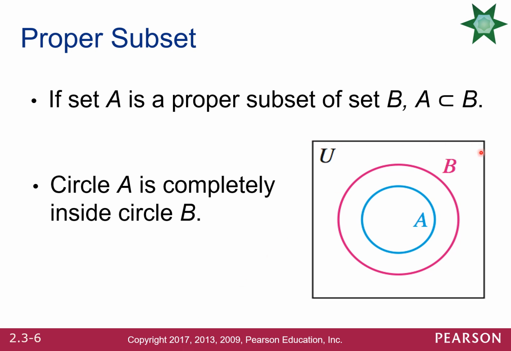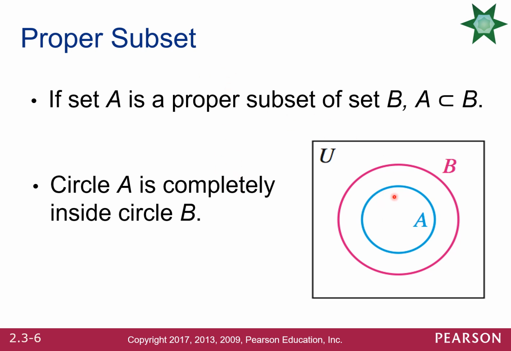So we have here the rectangle, the universal set, and then we have two circles within it. Now circle B is the bigger circle and A is the smaller one, and you see that A is completely inside B. That means all the elements in A are the part of B. Right? That makes it a proper subset.